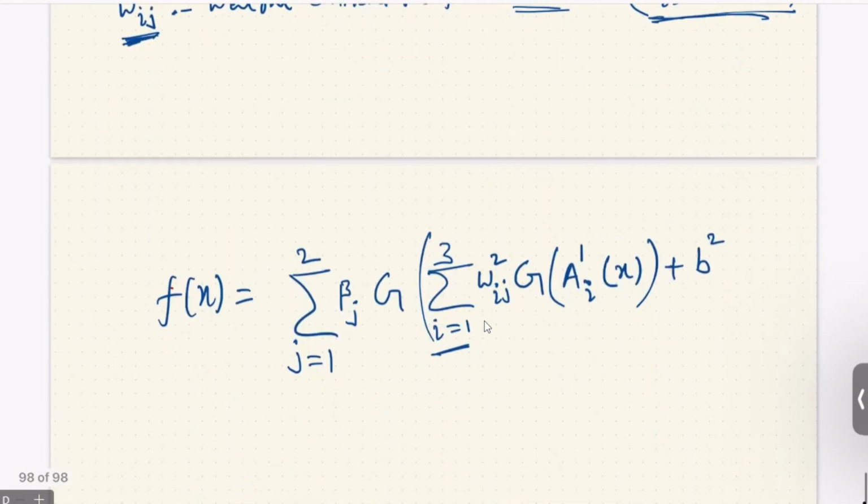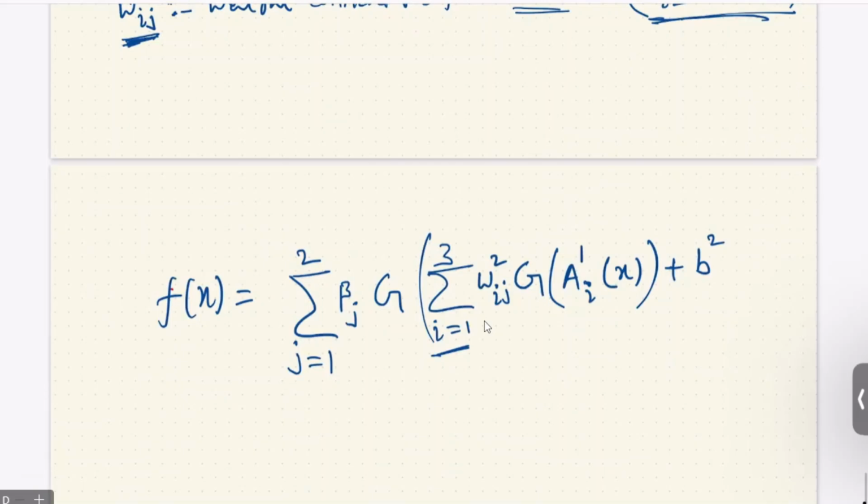What will come there? The subscript index, what will come here?